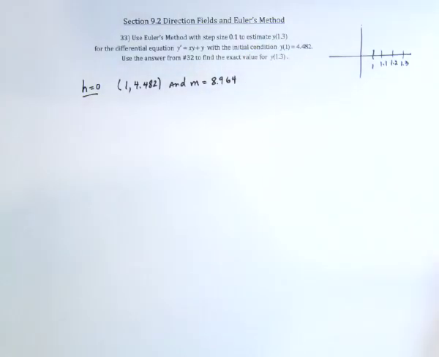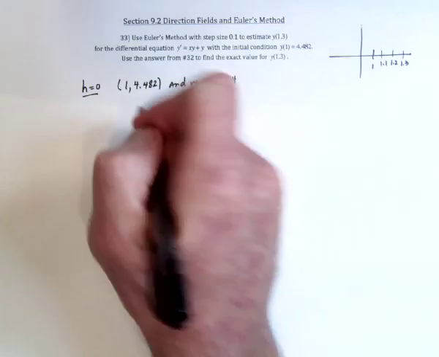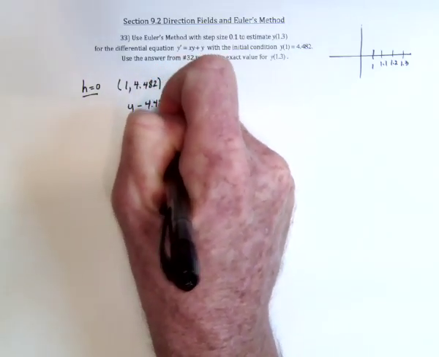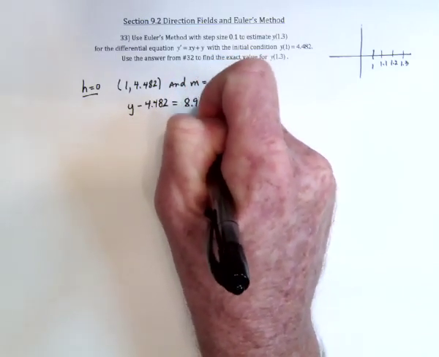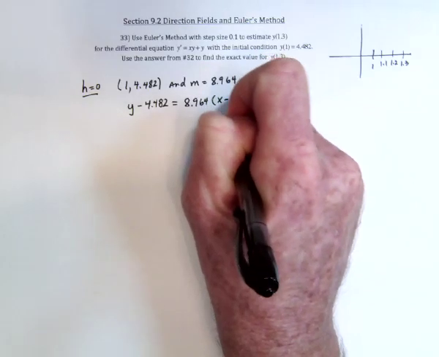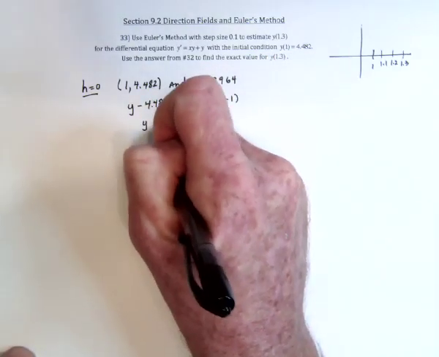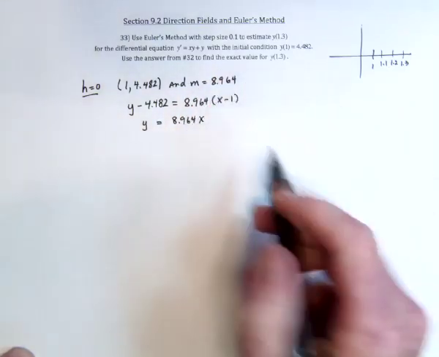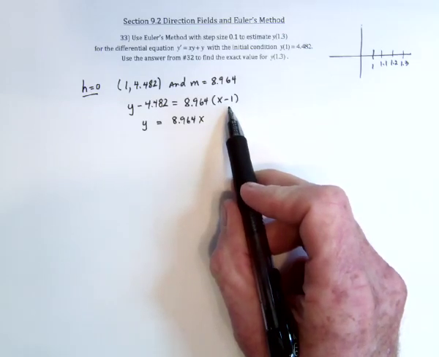So then you just use beginning algebra to say if you have a point and a slope, you can find the equation of the line. y minus the y value is equal to the slope times x minus the x value. So the line is going to be y equals 8.964x, and then this, when you distribute it, it's going to be a negative 8.964.